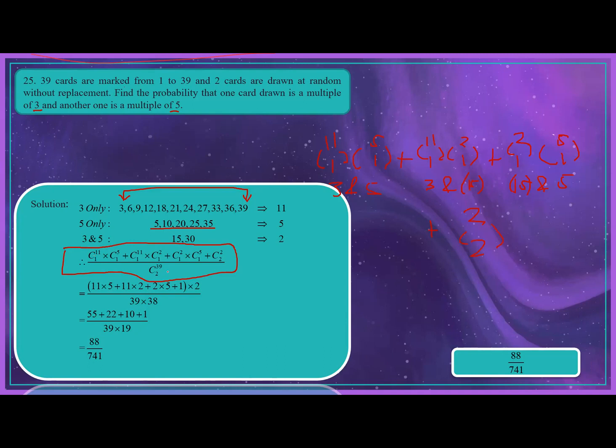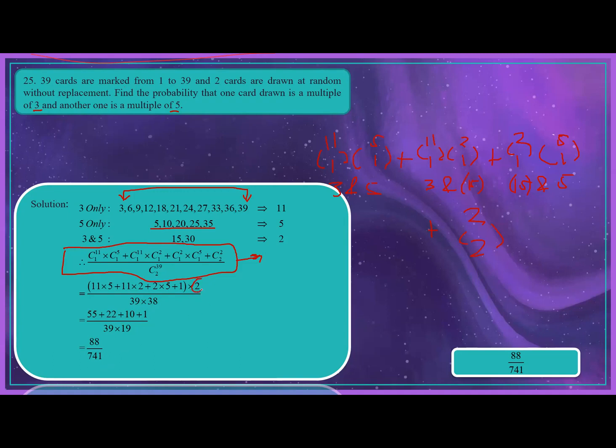Our denominator would be 39 choose 2. That is the explanation for that. Simplifying each term, in total that's 88 over 741.